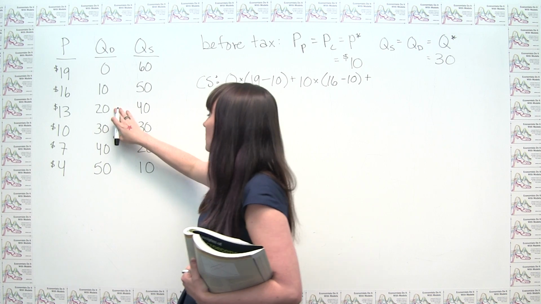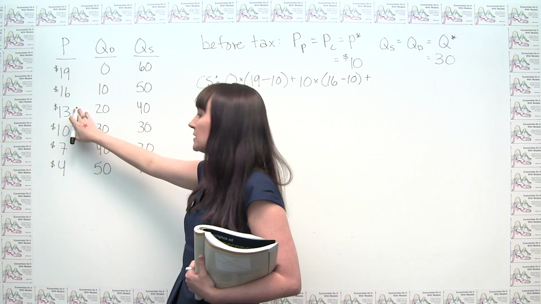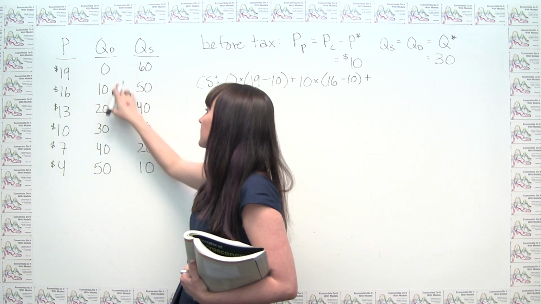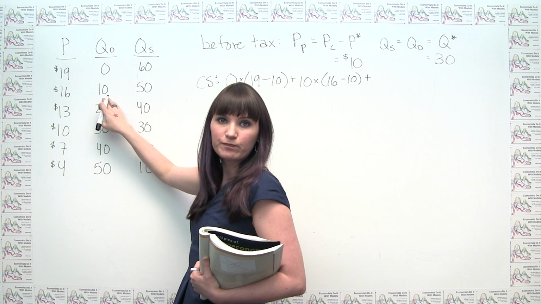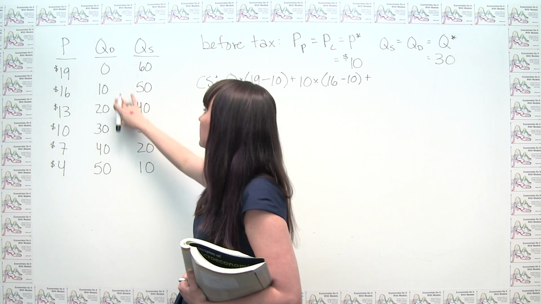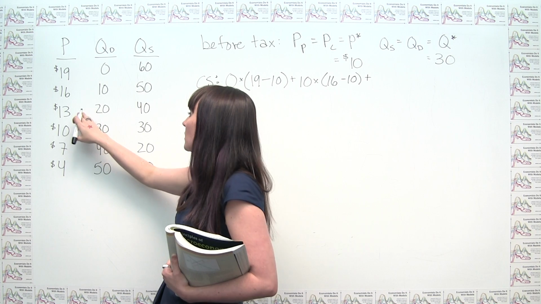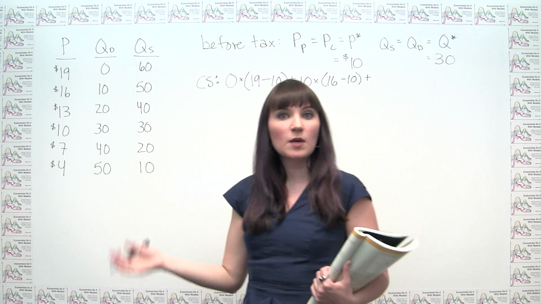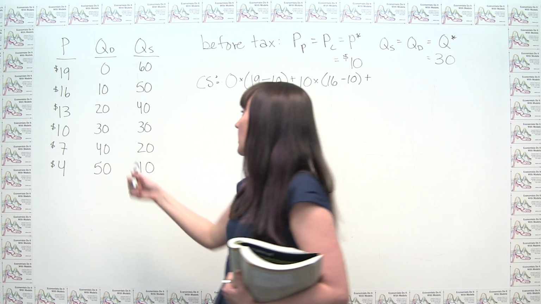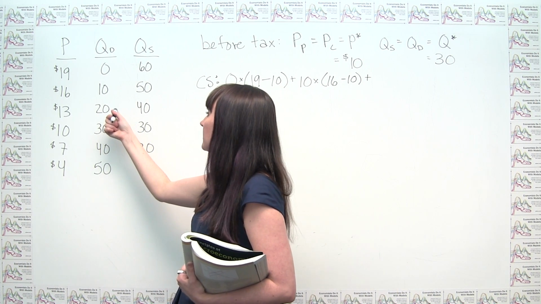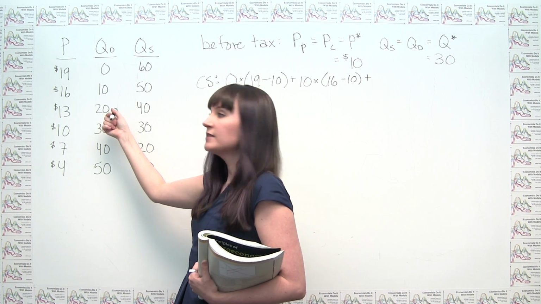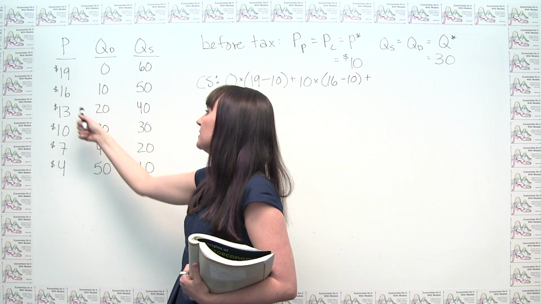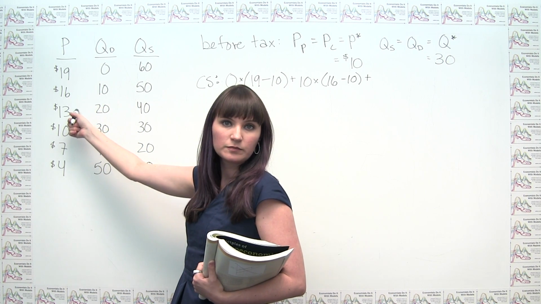This 20 quantity demanded at a price of 13 already includes these 10 guys, right? So what we're really seeing is that at a price of $13, we had 10 more customers come into the market. So we actually have counted in this 20, 10 consumers who are willing to pay 16 and 10 who are willing to pay 13.